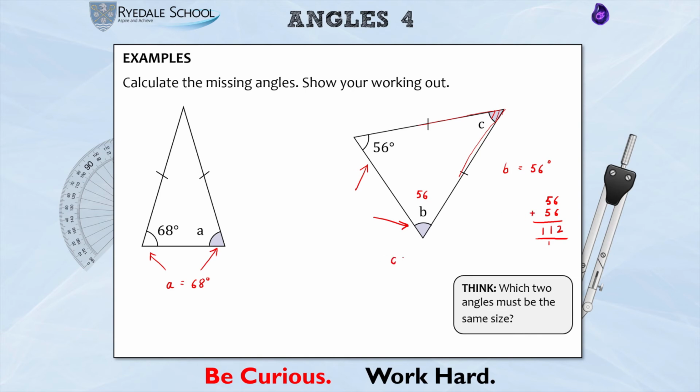So I can work out C by subtracting that from 180, which is 68 degrees. See, even I almost got that wrong. 68 degrees. If you're not confident doing something in your head, then write out a written method, please.